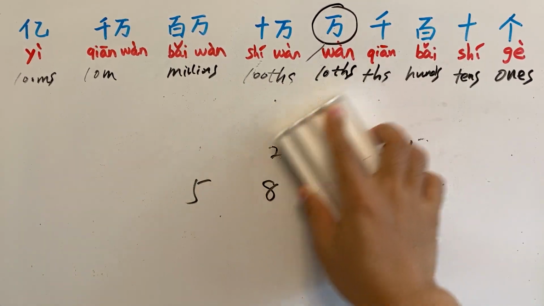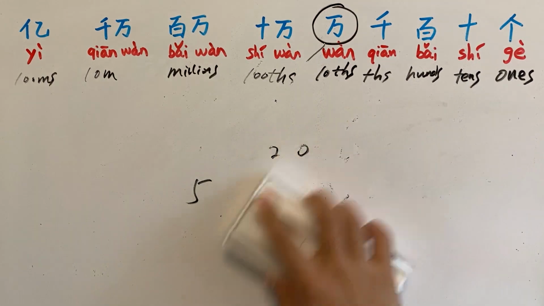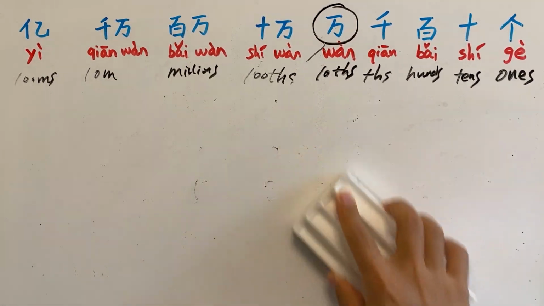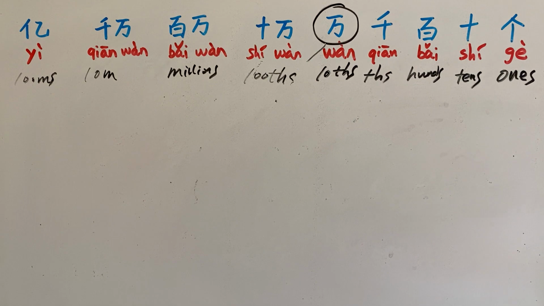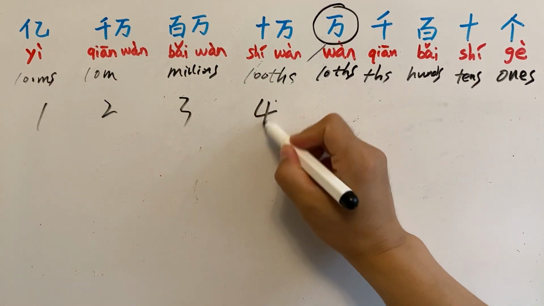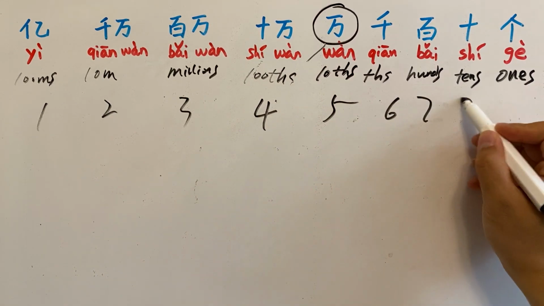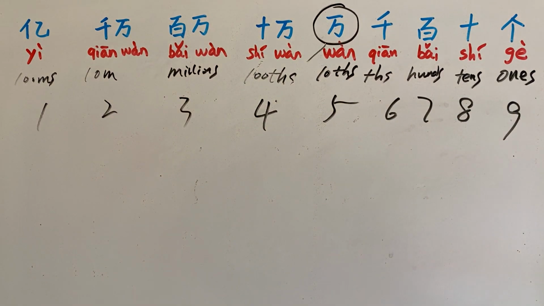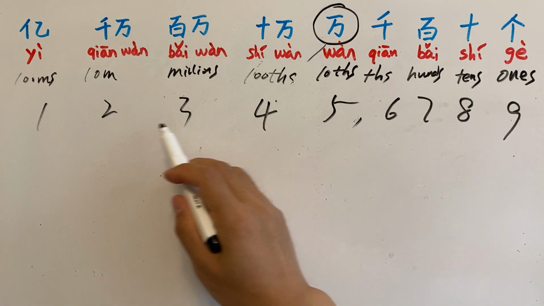We call it 万. So this 万 is the basic unit, as it is the thousands in English. Like, for example, we write a big number, comma, 1, 2, 3, 4, comma.